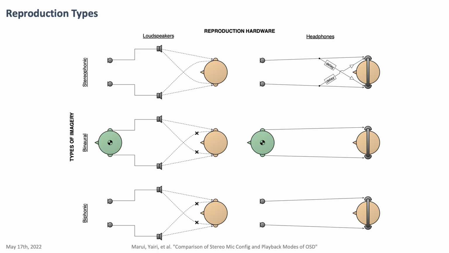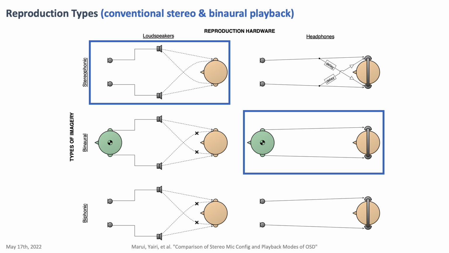Before diving in, let us review the reproduction types. This picture shows the different recording and playback types. On top left, sound captured with stereo microphones played back through stereo loudspeakers is shown. This is conventional stereo playback of stereo contents. On middle right, sound captured with a dummy head played back through a pair of headphones is shown.